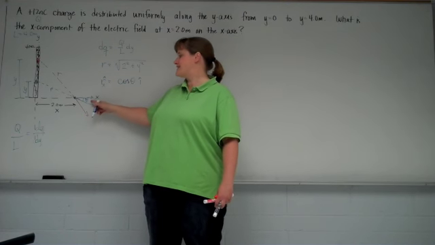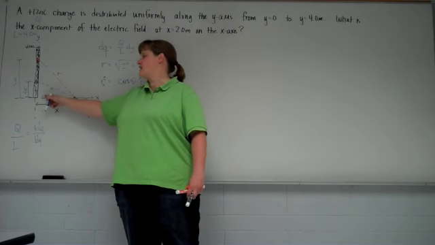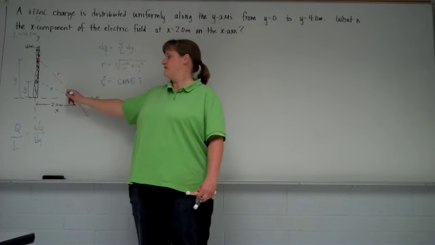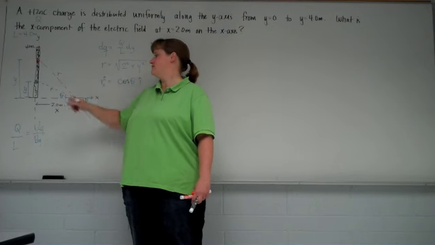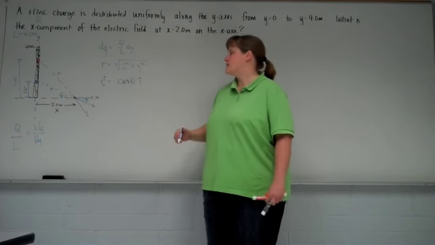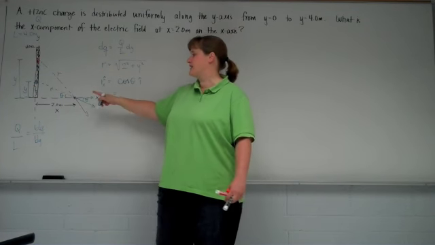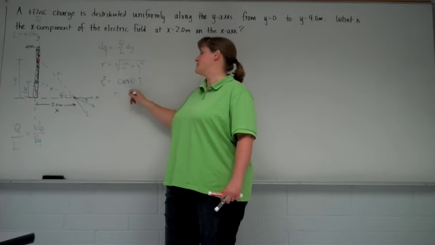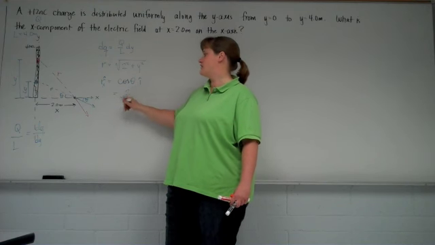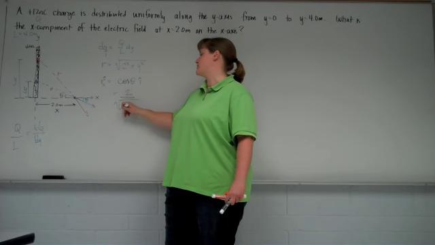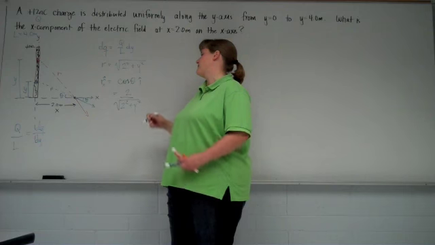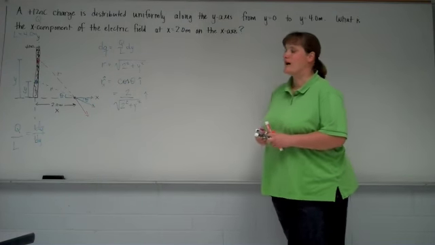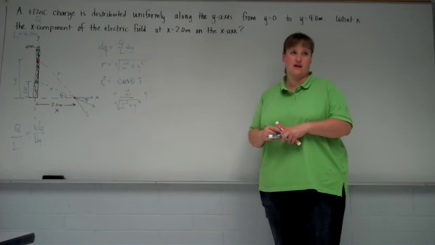This theta, where is this theta in this triangle? On the x-axis. Right there. So the cosine of theta, if we look at this triangle, cosine is adjacent over hypotenuse, so it'll be 2 meters over r, which is the square root of 2 squared plus y squared. So that's our x component. There is a y component. We just don't care what it is for this problem.